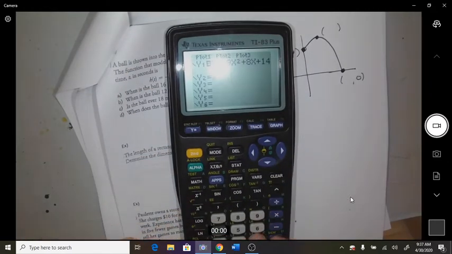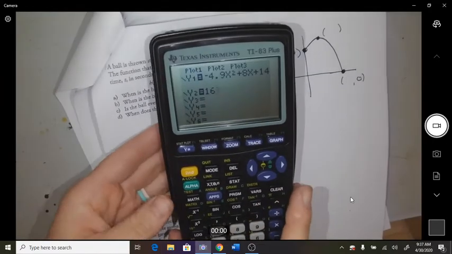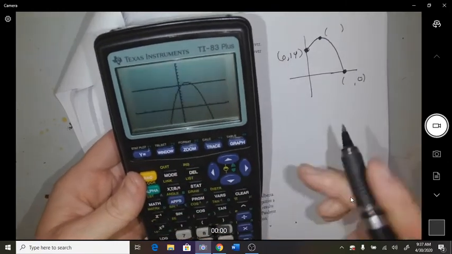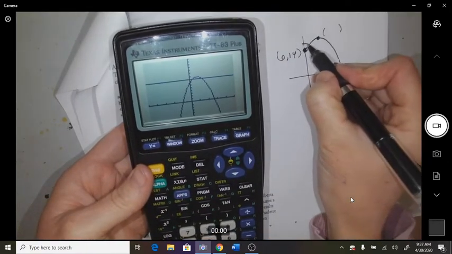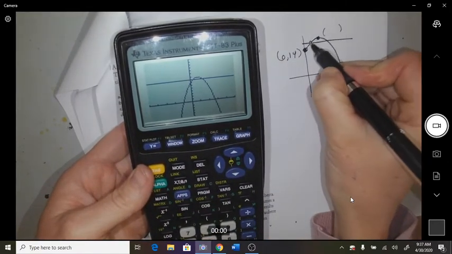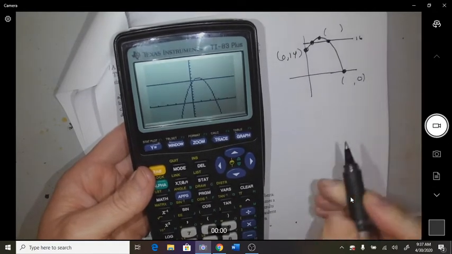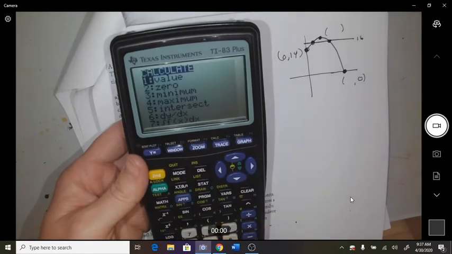We're going to go 16 in our y2 graph. So when is it 16 meters? Right here and right here. So calculate the intersection.